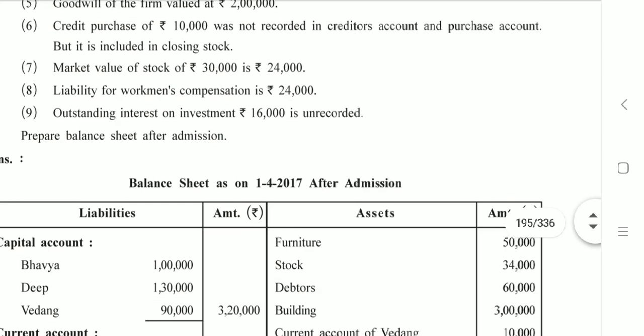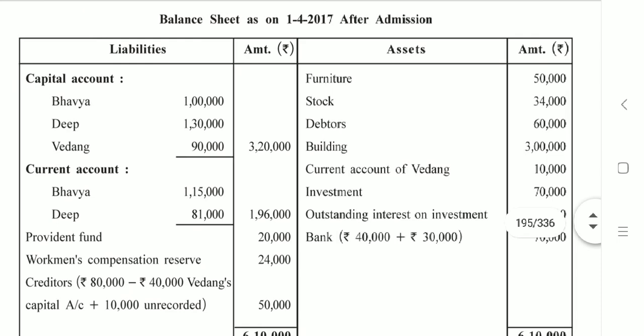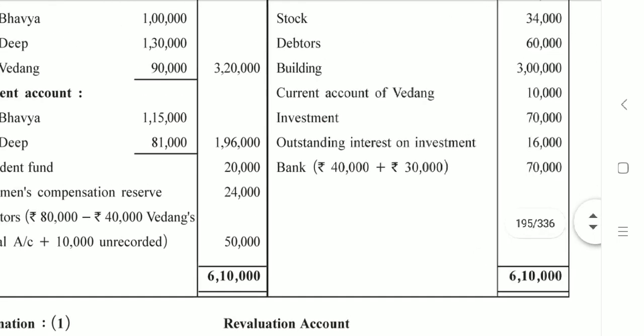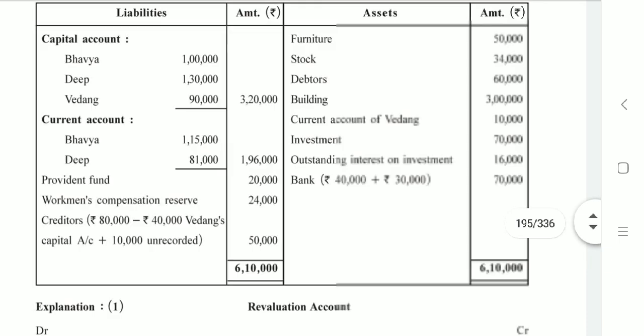So what is the net amount? It is 50,000. Just because there was an increase in the amount of creditors, this can be considered as an increase in the value of a liability. What is the journal entry for that? Revaluation account debit to creditors account 10,000.